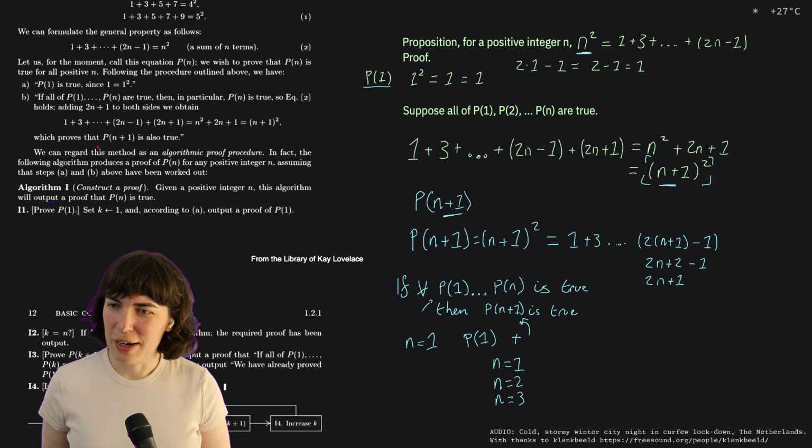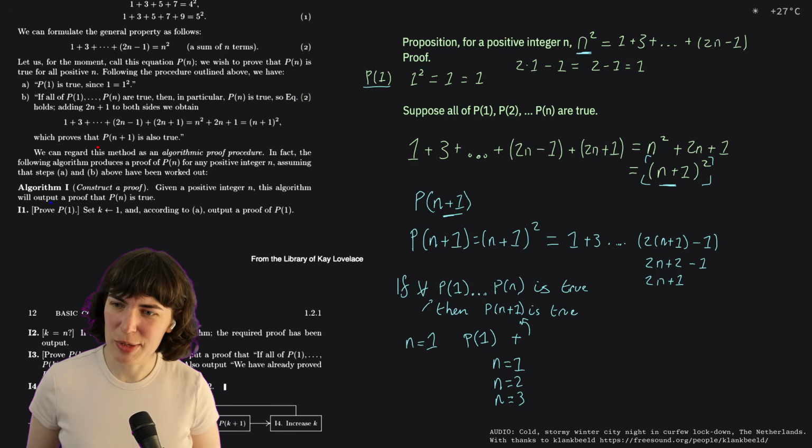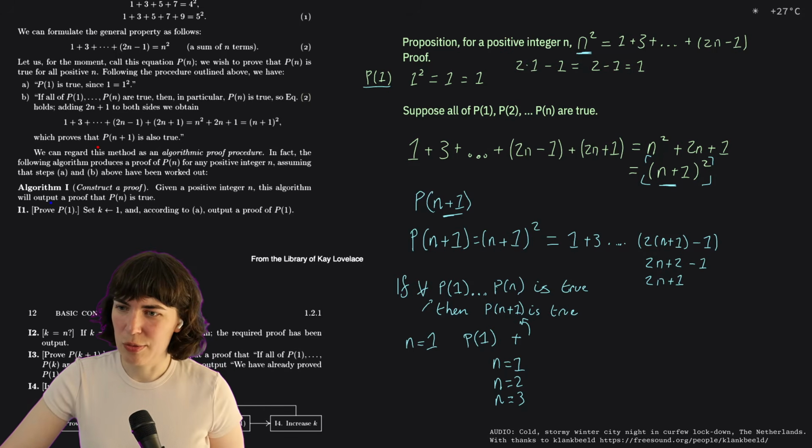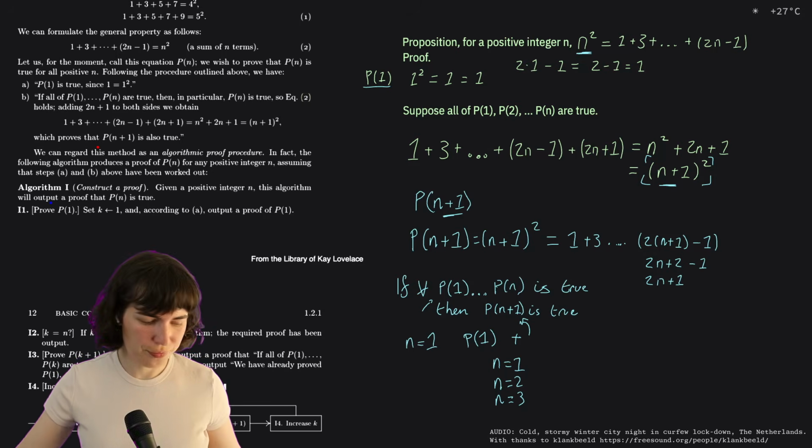In fact, the following algorithm produces a proof of Pn for any positive integer n, assuming that steps A and B above have been worked out. Algorithm 1. Construct a proof. Given a positive integer n, this algorithm will output a proof that Pn is true.